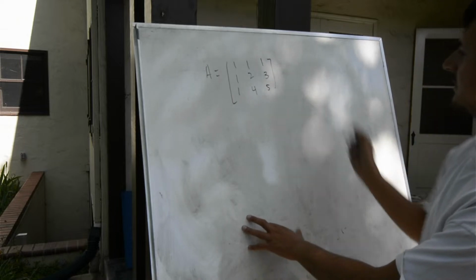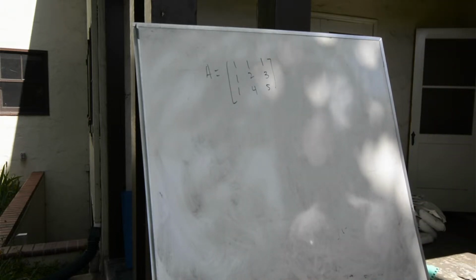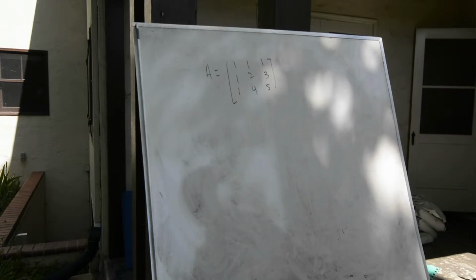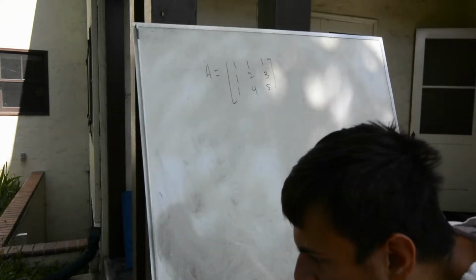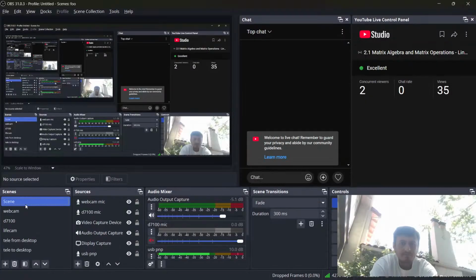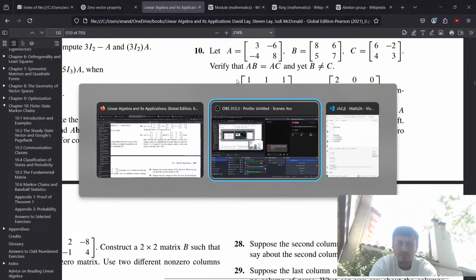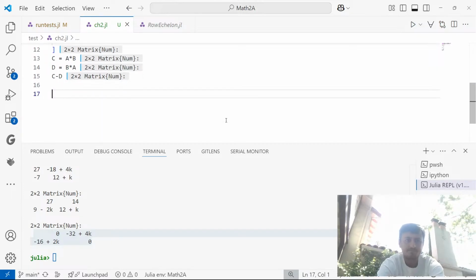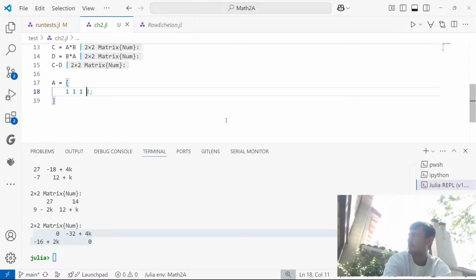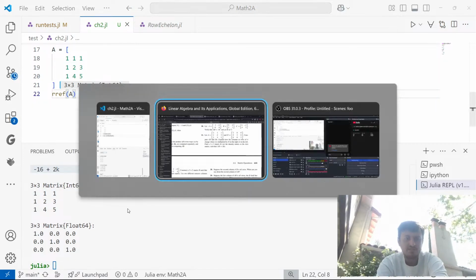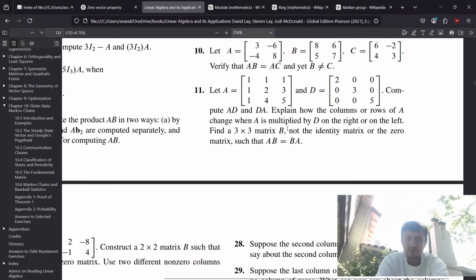And I'm pretty sure that is it invertible? I can't tell if it's invertible. So let's just do this. A is equal to 1, 1, 1, 1, 2, 3, 1, 4, 5. We call the RREF of A. Oh, it is, okay.